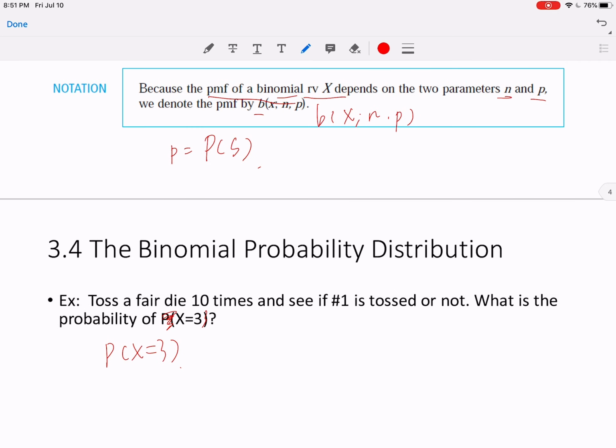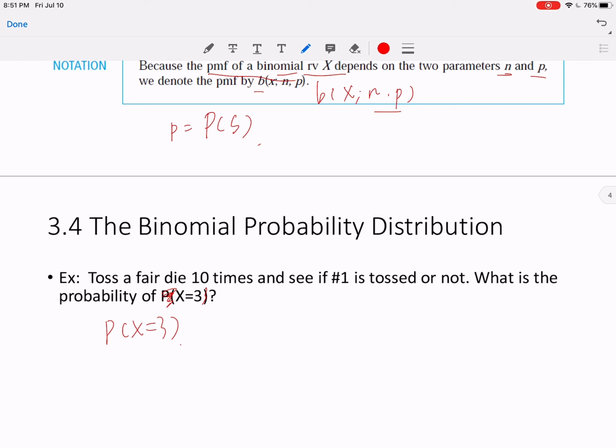And first of all, let's take a look at the value of the two parameters over here. So what is the value of n? Since we are going to toss the fair die 10 times, n would be equal to 10. Okay? And p, the probability p is equal to the probability that 1 is tossed.